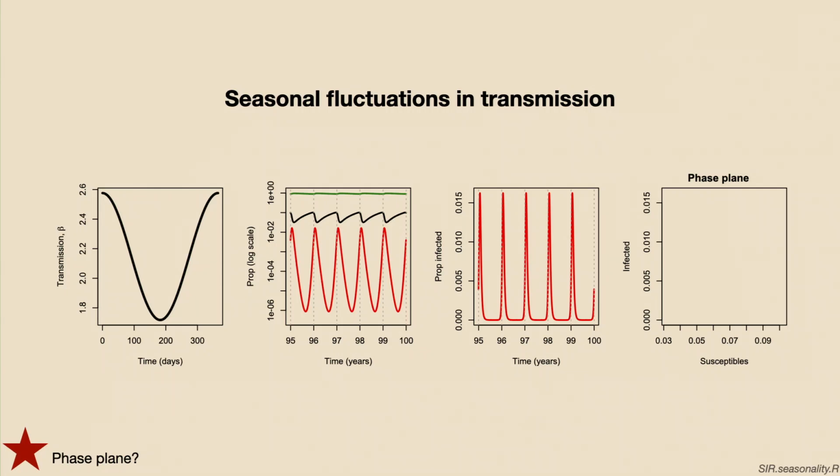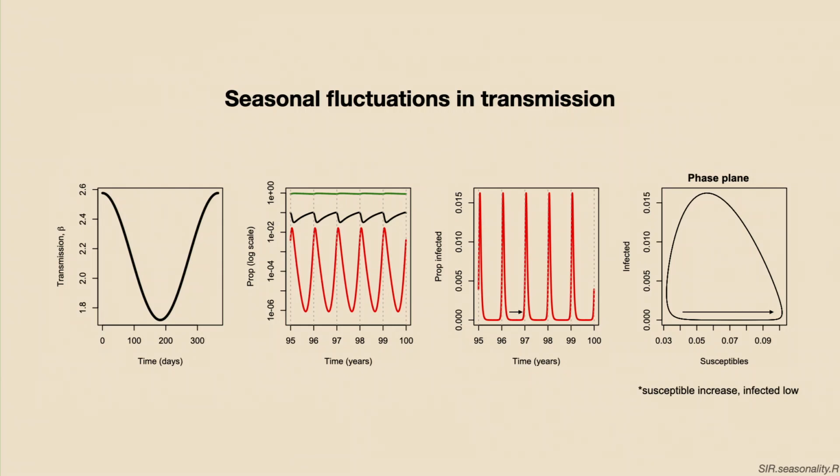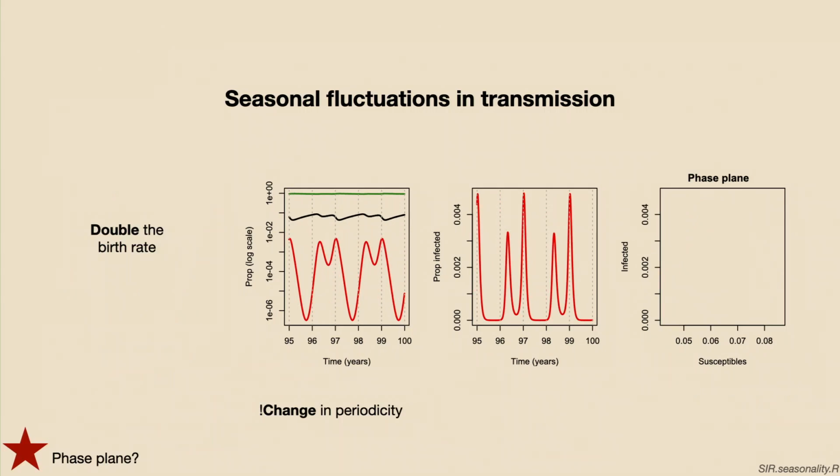So if we start off with susceptibles, say here, what's going to happen? So lots of susceptibles, infectives are going to go up. Exactly. So that is exactly what the phase plane looks like. And you can track it across what those time cycles look like.